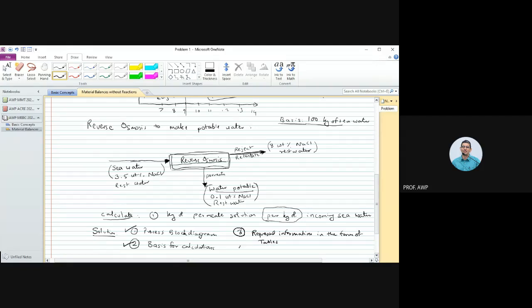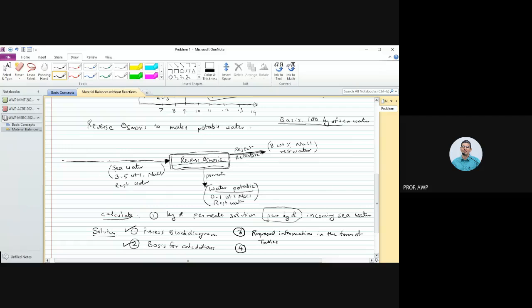Let me tell you what I mean. Next to each stream, we are going to write a table of what the components are and what is their weight, what is their composition. All the information about that stream we are going to write in the form of a table next to that stream.